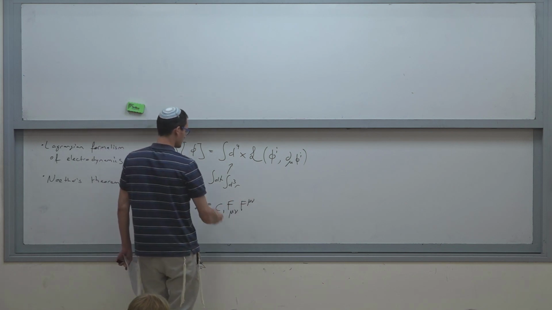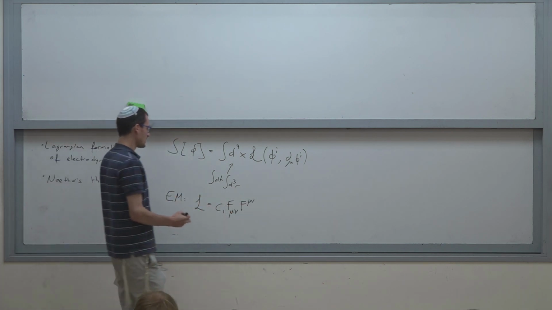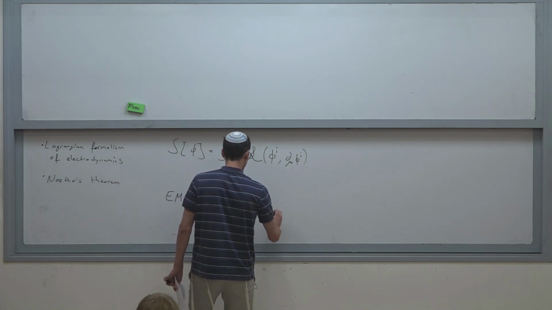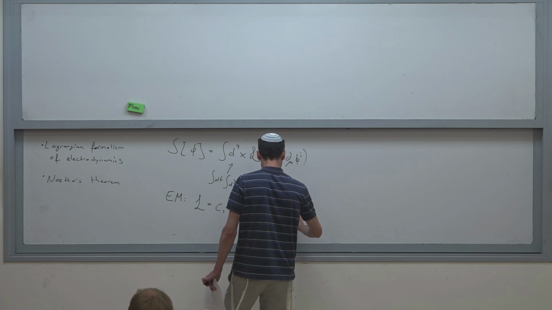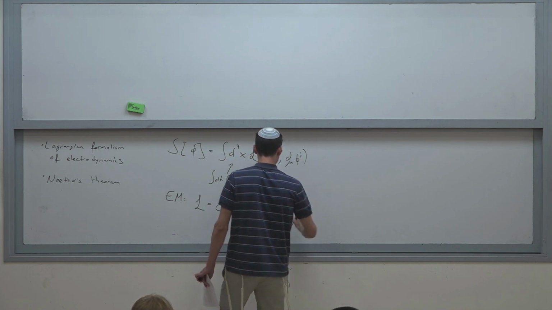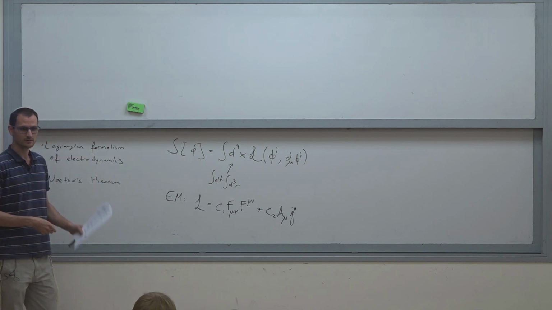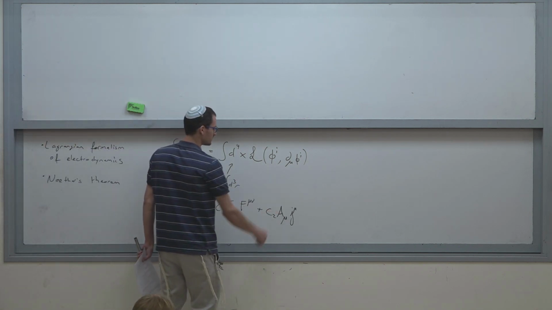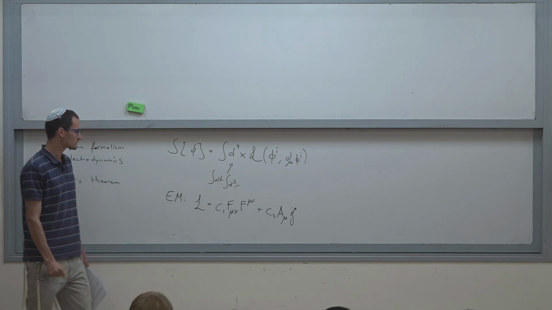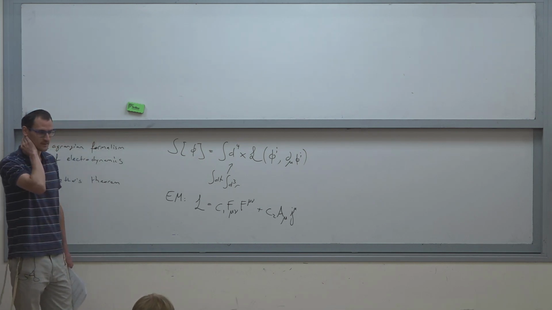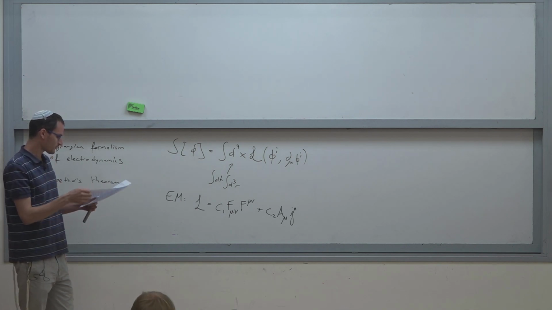This is the part that takes into account all the fields in vacuum, and then there's a second term which couples the fields A mu to the sources J mu, which contains both the charge density, so J0 would be the charge density, and J1, 2, 3 are the 3 components of the current density. And what is this good for?